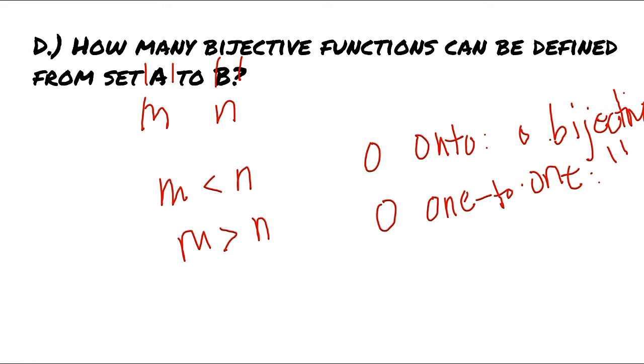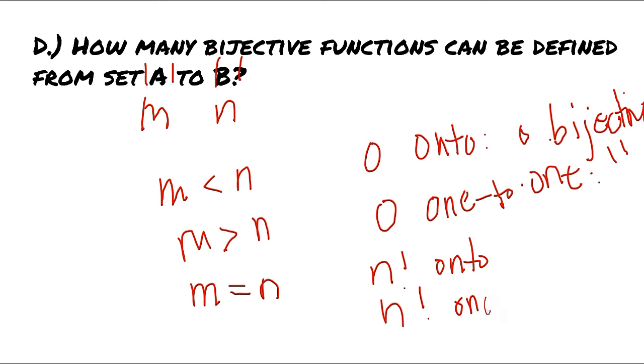Thus, for us to have bijective functions, it's required for m to be equal to n. With that requirement, we can have n factorial onto functions, and at the same time n factorial one-to-one functions.